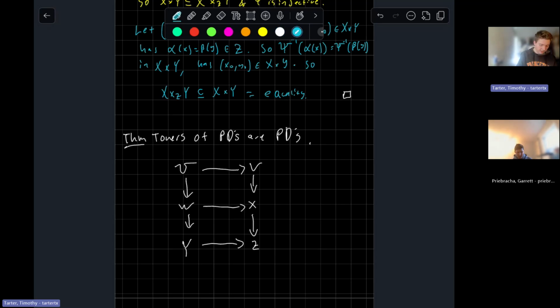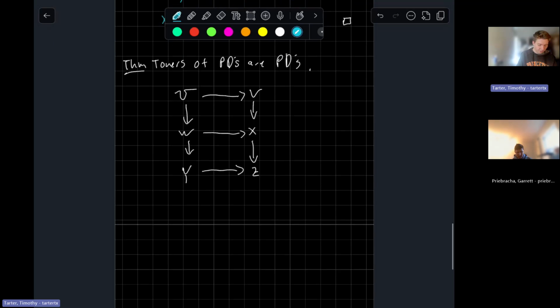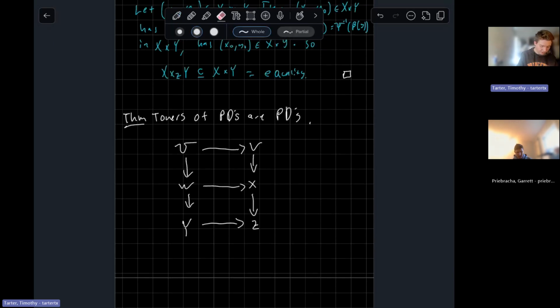So basically, what we're really saying here is replacing W with the fibered product through Z of Y, replacing U with the fibered product of V and Y through Z. Right?